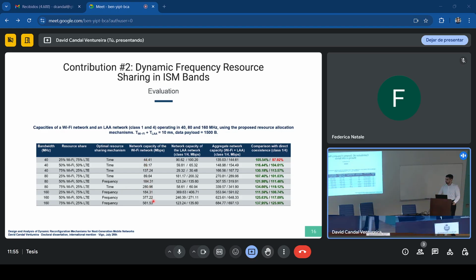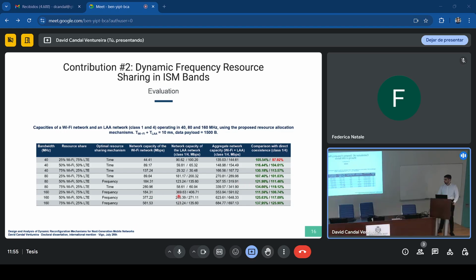And here we show the capacity of Wi-Fi and LTE-LAA for traffic classes 1 and 4, and the sum of these two results. In this column, we compare the aggregated network capacity with the capacity we would obtain if the networks coexist directly.